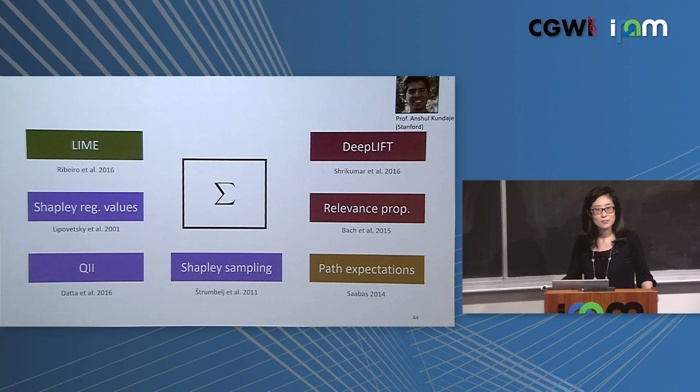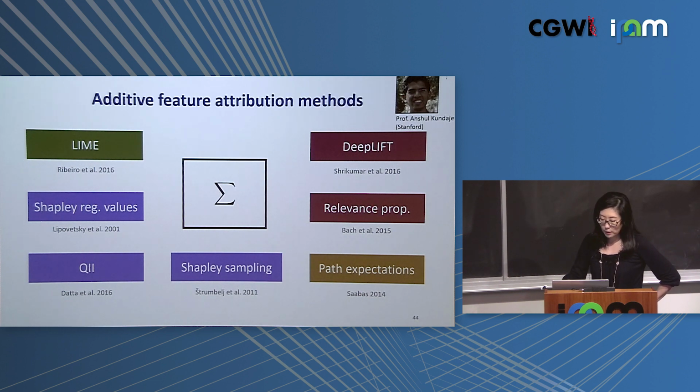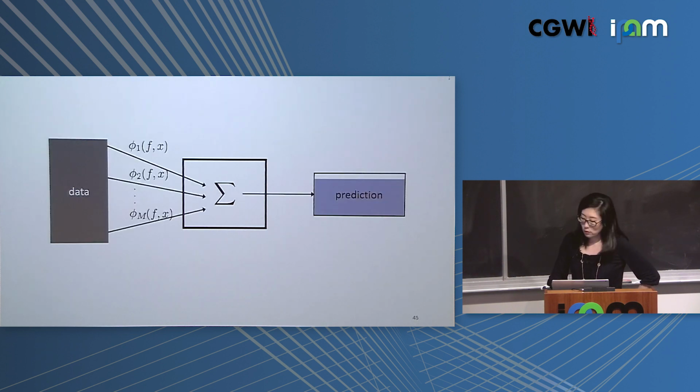Is Anshu here? Oh, no, he's not here. Okay, anyway, since these methods all produce explanations of the same form, they can be considered part of the same class. So we defined the class called Additive Feature Attribution Methods, AFAM.